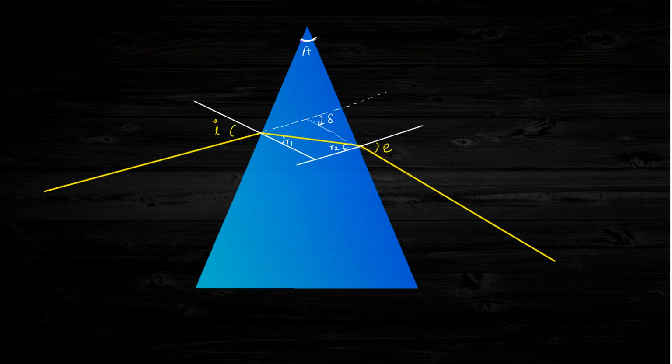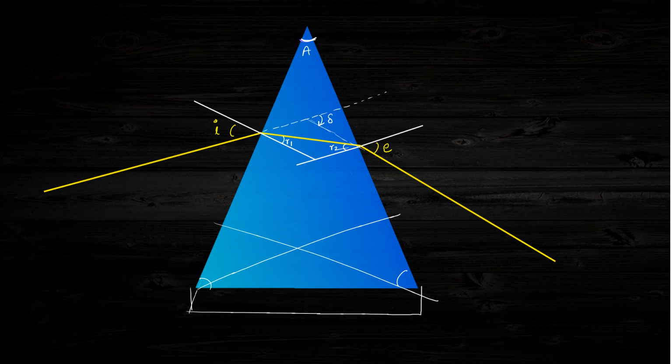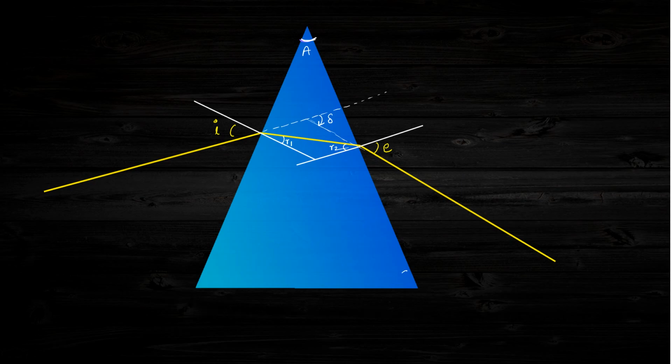So mind you, these two angles are not very relevant because the shape might be like so, it might be like so, it might be any kind of a shape basically. So when we talk about a prism, we actually are talking about an angle. So we don't really care about the bottom shape while we are talking about a prism. So this is important to realize.